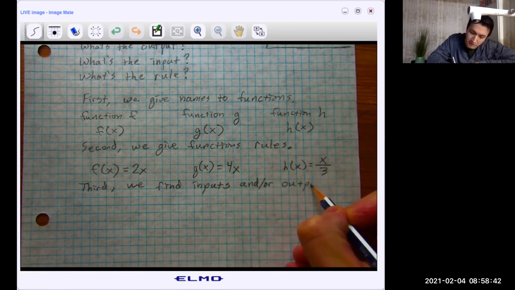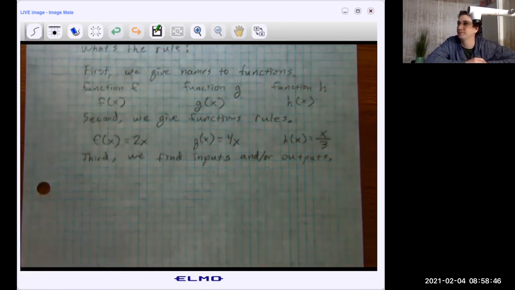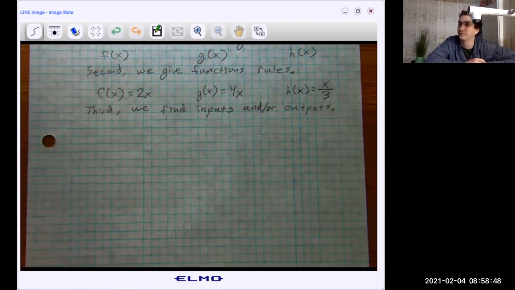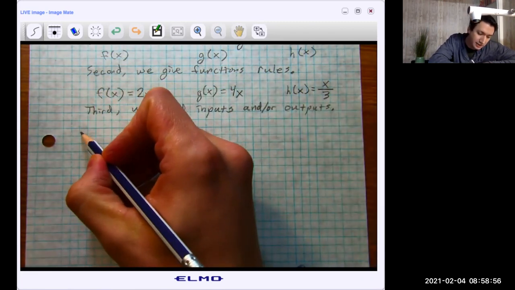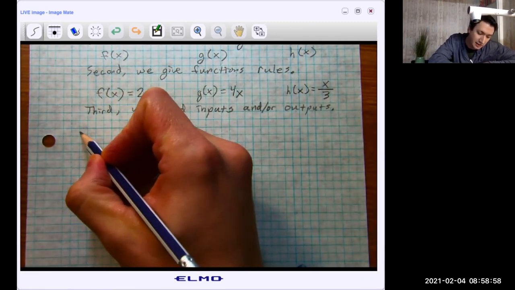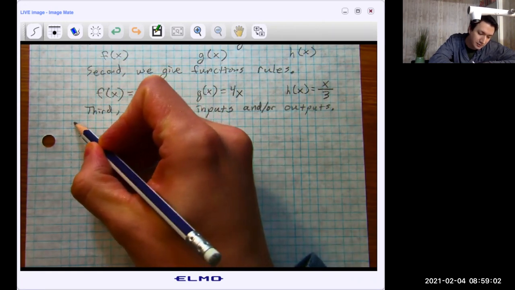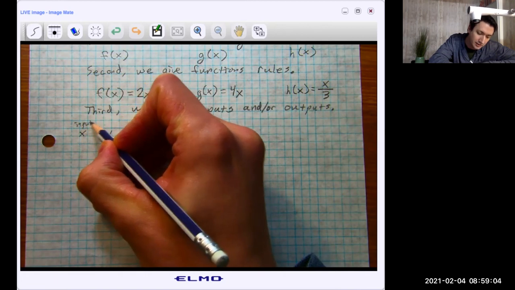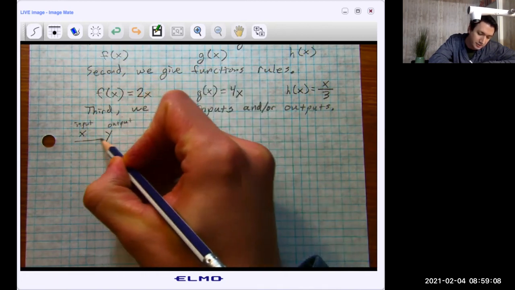Sometimes you find both, sometimes you just find one. The handy way to do that, of course, is with the table. And instead of writing input and output, we use x and y. Remember, x is input, y is output, and we record it into a table.